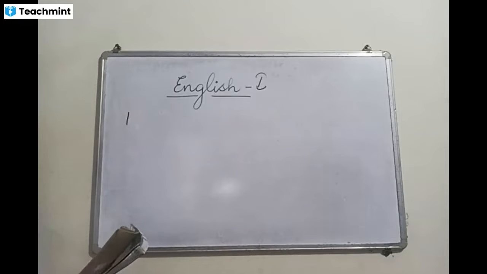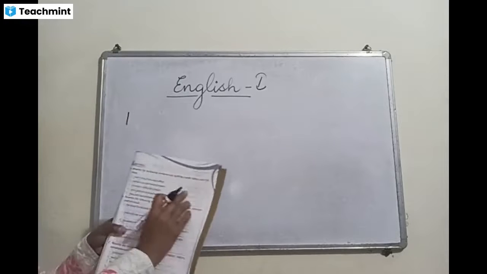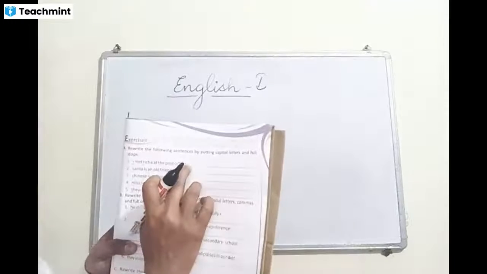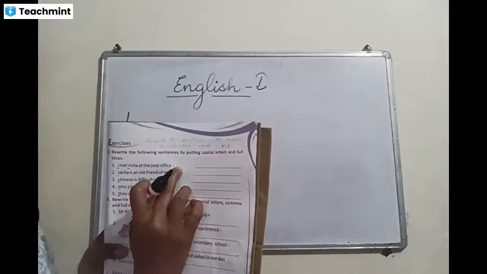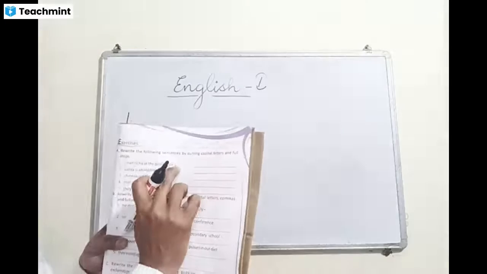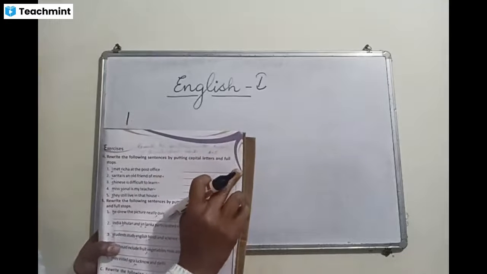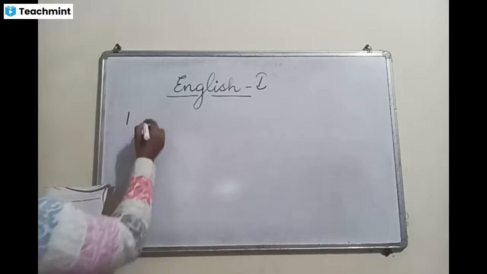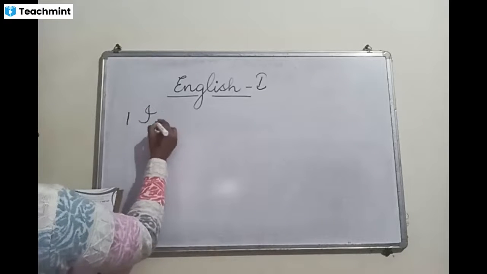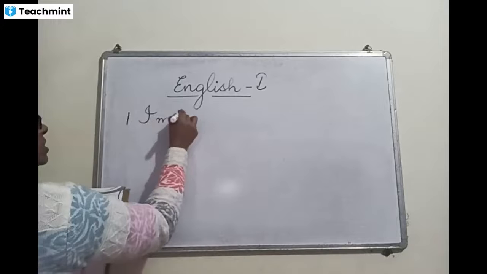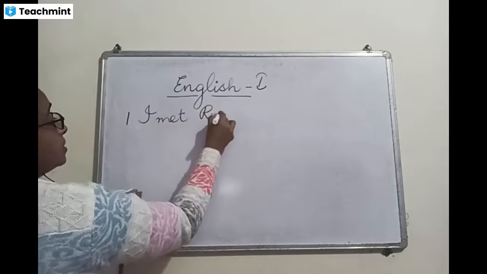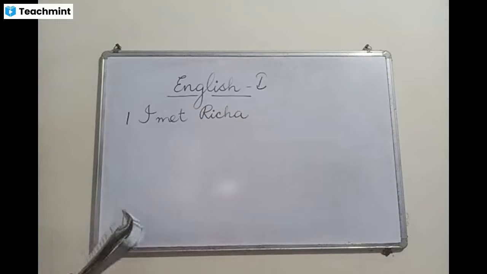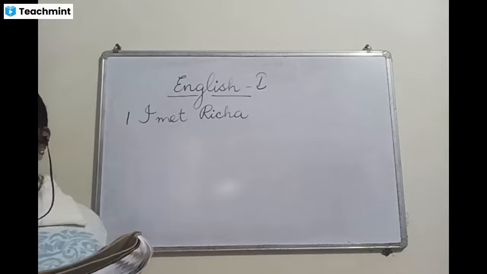So children, start writing the answer to number 1 on the line. But you will start from here, otherwise you will not get place. Then only this sentence will come here. Start writing. I capital. I met Richa, R capital. Richa is the name of a girl, so R also capital.